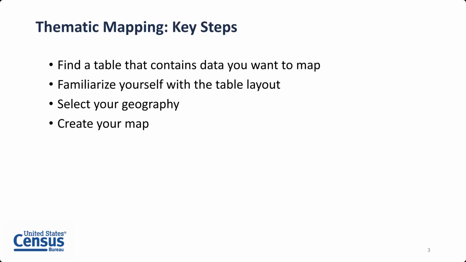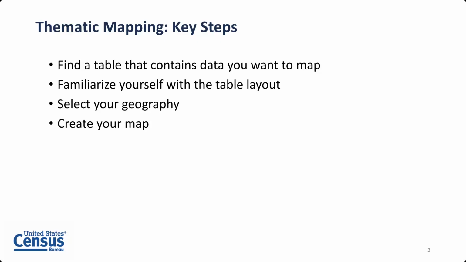All of the maps on our site are table-based, so that means you can map out any individual cell across different geographies on our site directly. Going to the table first, you'll also want to familiarize yourself with the layout of the table. It's just going to help you better understand the options when you go to make a map. You'll want to make sure to select the geographies that you want to map across, and then you'll create your map.